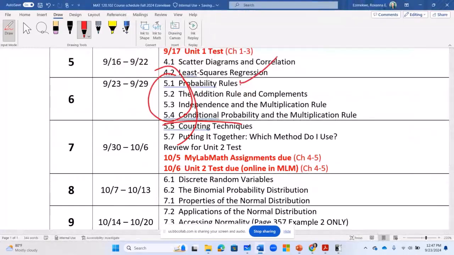So we have known the probability rule is between 0 and 1, and if I'm given a table, I should be able to say if the table is a probability distribution or not. If none of the probabilities is negative, and if the sum of all the probabilities is 1, then it is. So hopefully we know 5.1, the first one.